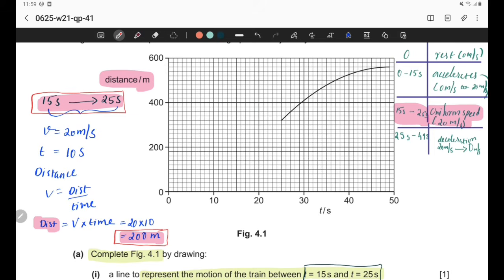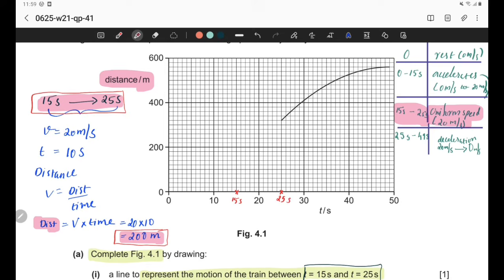This is very important. Now we can look at the graph on the x-axis. Which points represent the time interval 15 and 25? So we can see this point represents the time 15 seconds, exactly in between 10 and 20, and this point exactly in between 20 and 35 is representing 25 seconds.